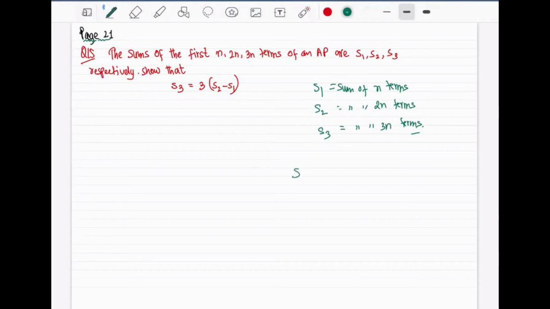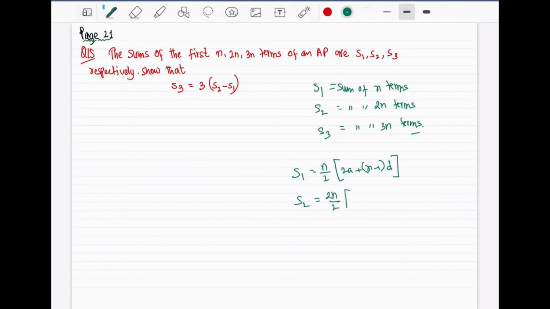So how can we write the expression of S1, S2, and S3? Look, S1, I can write it as n by 2, 2a plus (n minus 1)d. This is the same formula as we have already learned. What about S2? You just have to change the n here with twice n. This is the same arithmetic progression, so no need to change the first term and the common difference. So the expression for S2 will look like what?